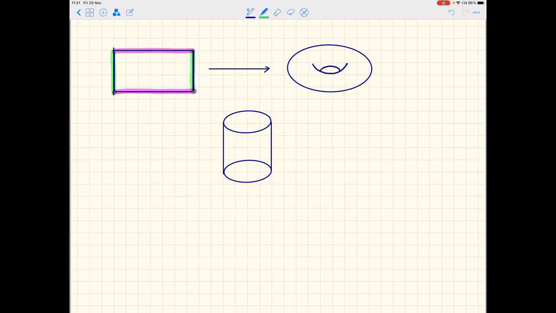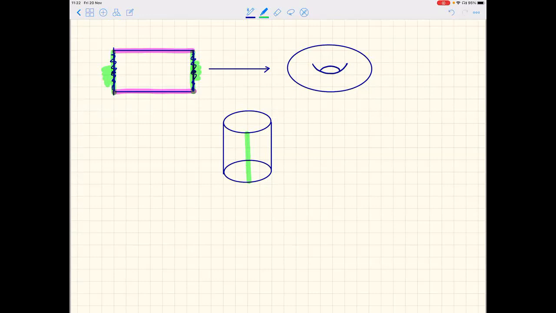I'm saying identify this boundary A with this boundary. Say every point here is equal to a point there. What does it mean geometrically? It means that I'm taking this piece of paper and wrapping it up in a cylinder. I'm gluing this boundary with this boundary, which means I take the piece of paper, wrap it up, and make a cylinder, right?